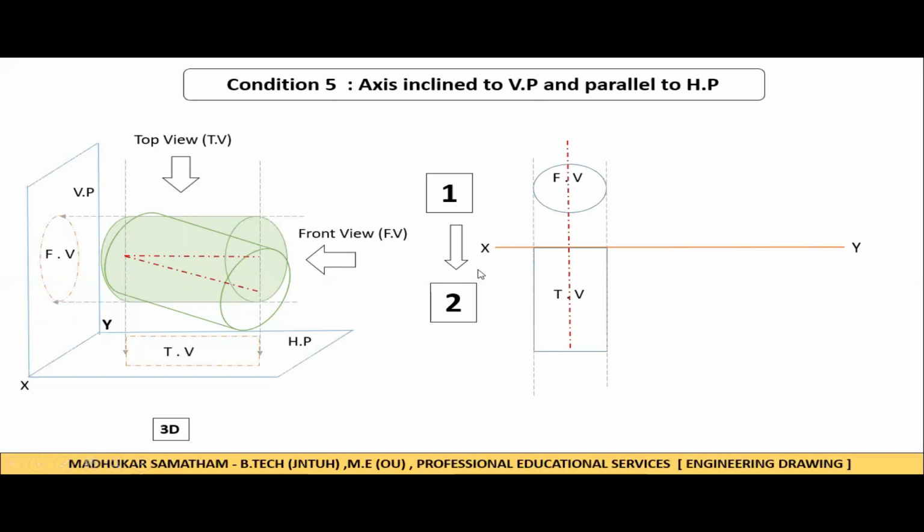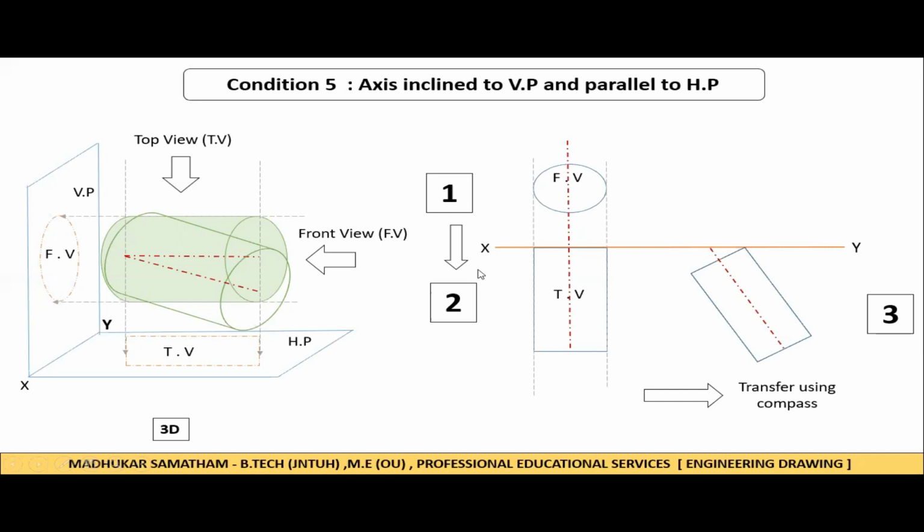Now we will provide the inclination to the axis in the top view in such a way that the top view of step 2 is transferred to step 3 using a compass, and we will provide the inclination which is required or mentioned in the question.